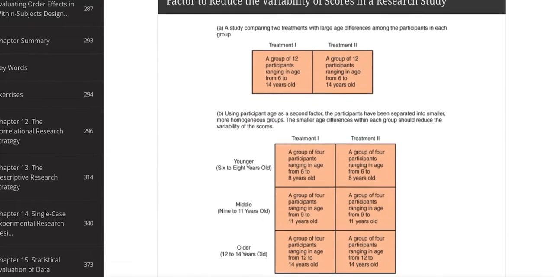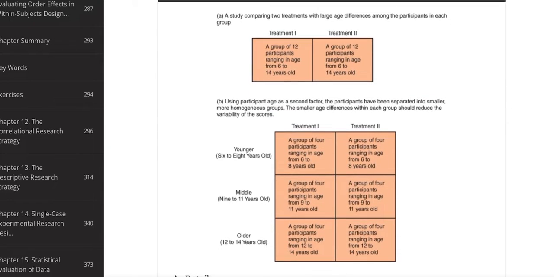And so you can see they did that here in figure 11.10. So they had two different treatments that they were comparing. And there was a group, it was 12 participants ranging from 6 to 14 in both groups, right? So it's a between subjects design, treatment 1, treatment 2, right?